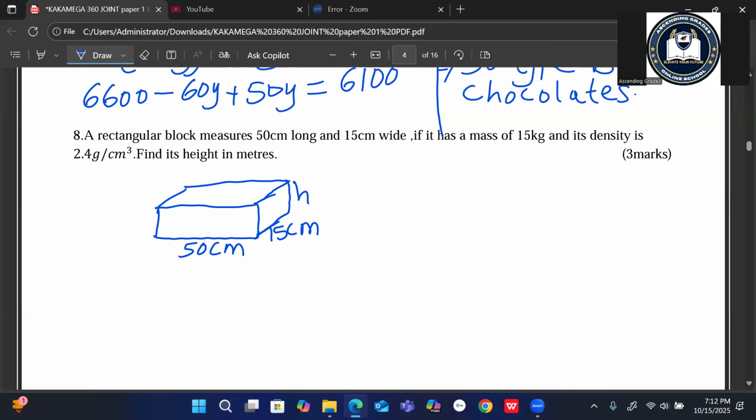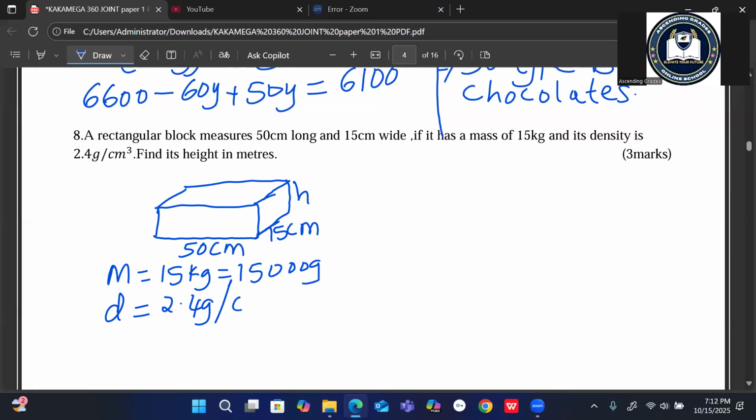We are given its mass to be 15 kilograms. Convert it to grams to be 15,000 grams. We are given the density as 2.4 grams per cubic centimeter. So we find the volume. Note that the volume of a cuboid is given by length times width times height.